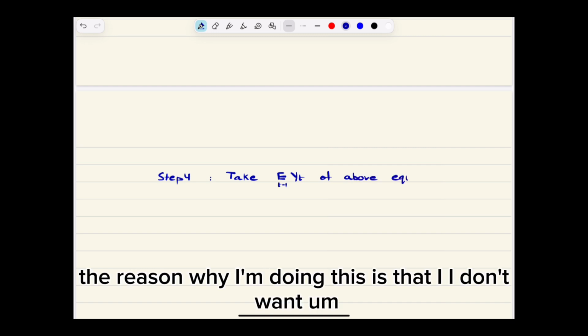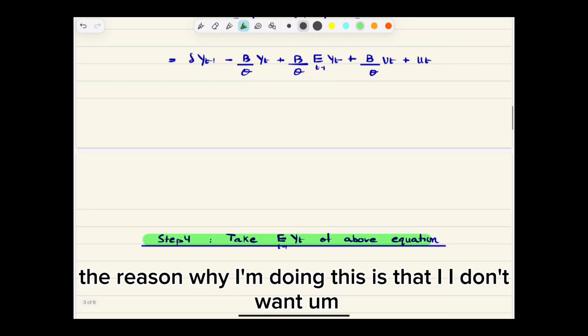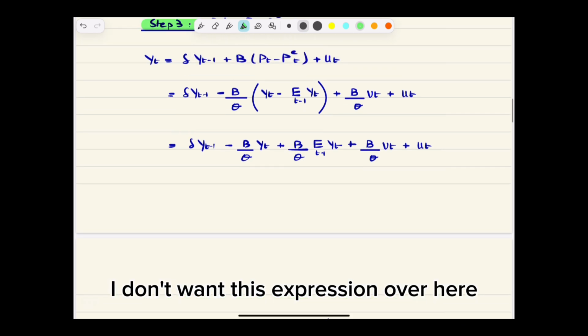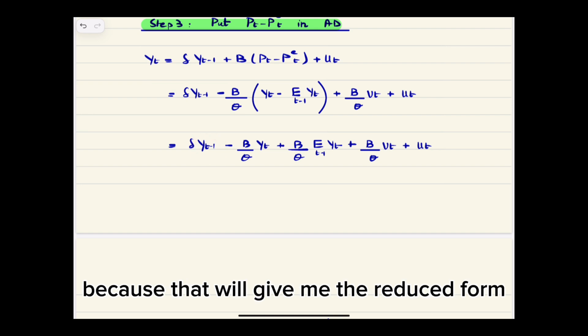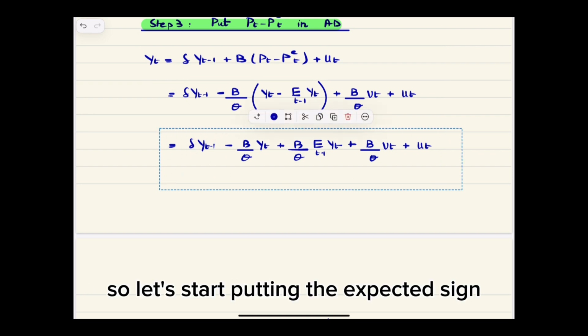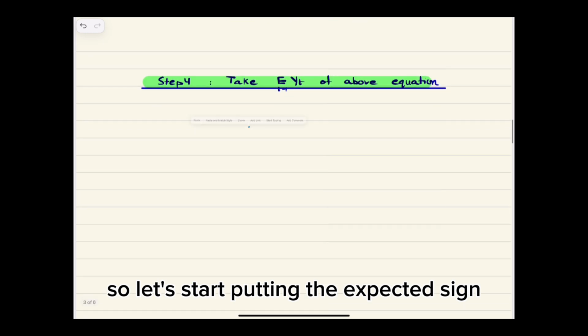The reason why I'm doing this is that I don't want this expression over here, because I want y_t in terms of y_{t-1}, because that will give me the reduced form. So let's start putting the expected sign.